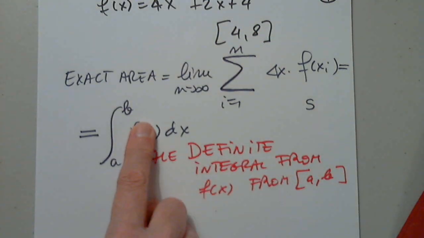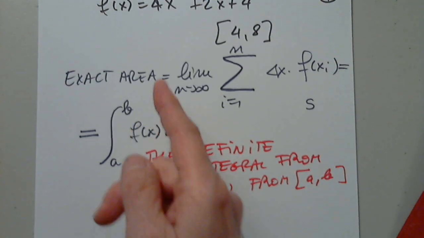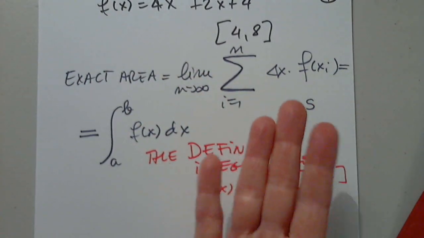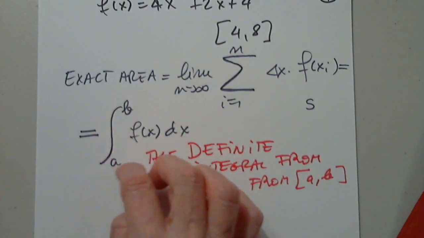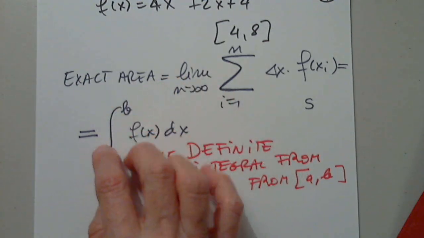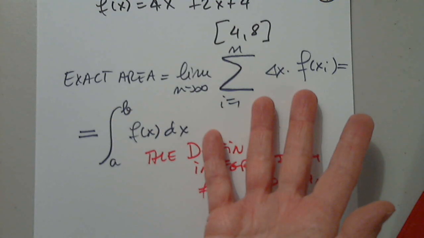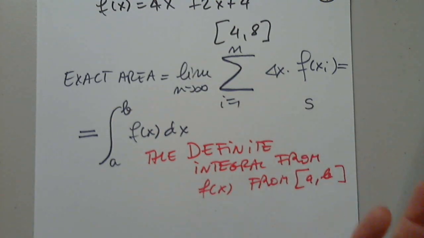But what if the function is sine x or tangent x or 1 over x? I won't be able to do this because I am restricted to those 4 formulas. So the integral has a much wider applicability than that. This is strictly for polynomial functions. I can't do anything else.